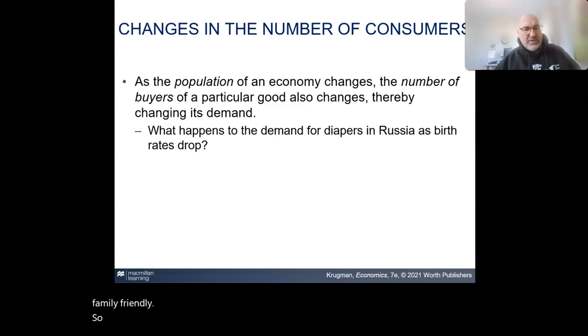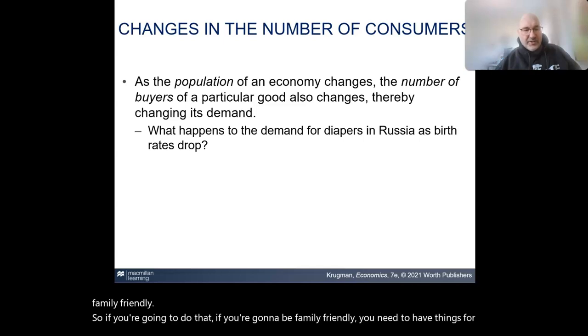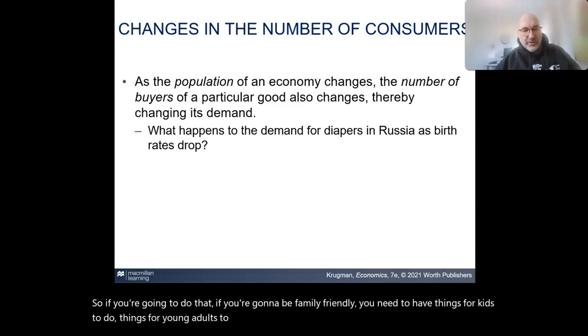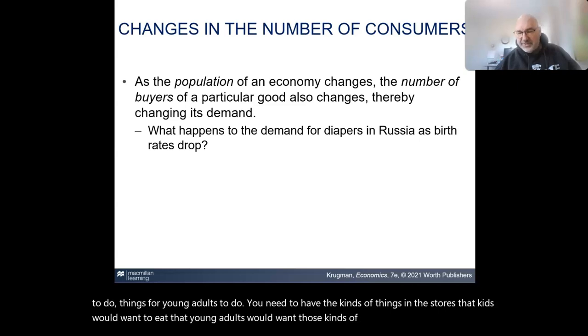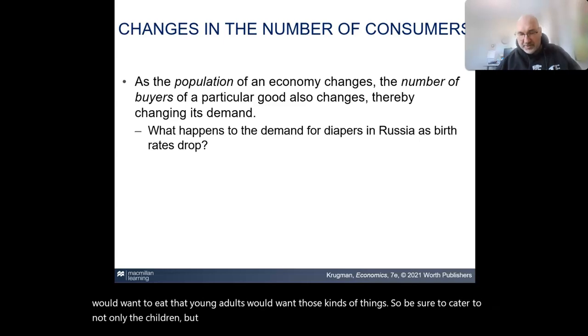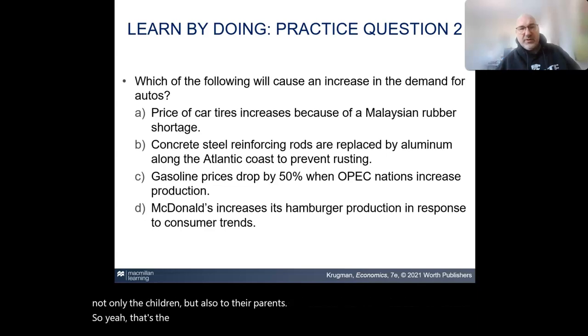If you're going to be family friendly, you need to have things for kids to do, things for young adults to do. You need to have the kinds of things in the stores that kids would want to eat, that young adults would want. So be sure to cater not only to the children, but also to their parents. So, yeah, that's the way that works out.